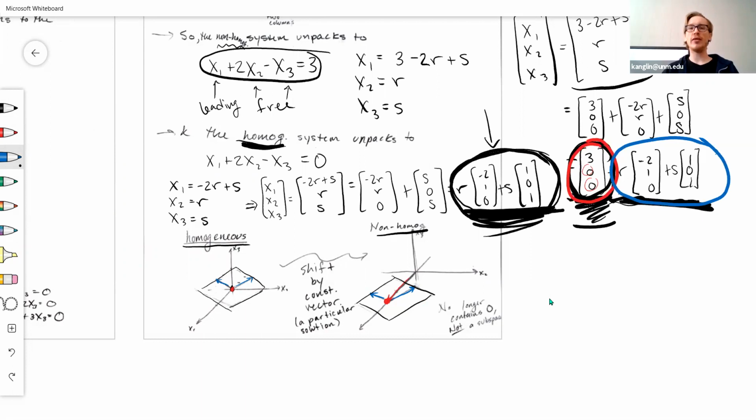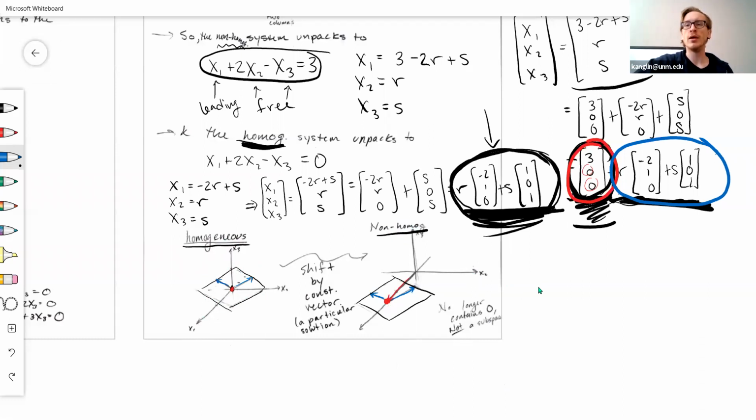So that's how we want to think about this. That's why it's so important that for a homogeneous system, the solutions form a subspace. We saw subspaces in R3 are really just lines and planes through the origin. That certainly matches what we're seeing here. The solution for this homogeneous system looks like a subspace. And when we take a non-homogeneous system, all we're doing is shifting that solution space off of the origin to some new point.